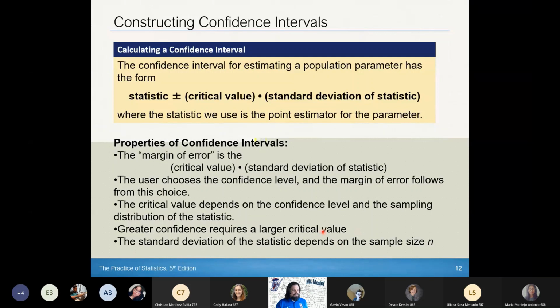The standard deviation of the statistic depends on the sample size. Remember, the larger the sample size, the less variation we get, so the standard deviation gets smaller. Smaller sample size, more variance. Larger sample size, smaller variance.